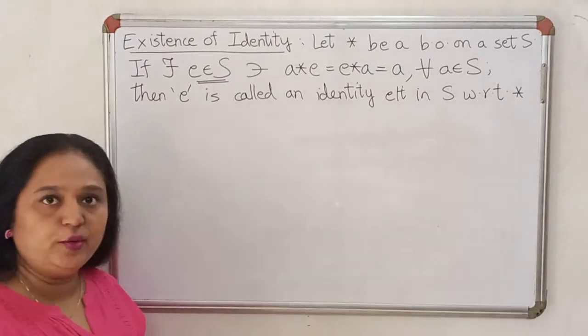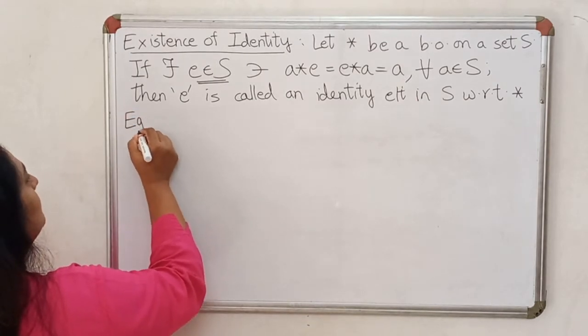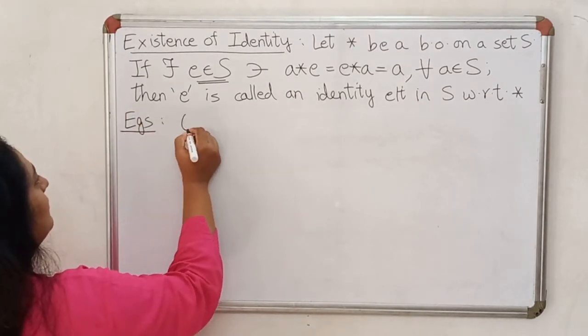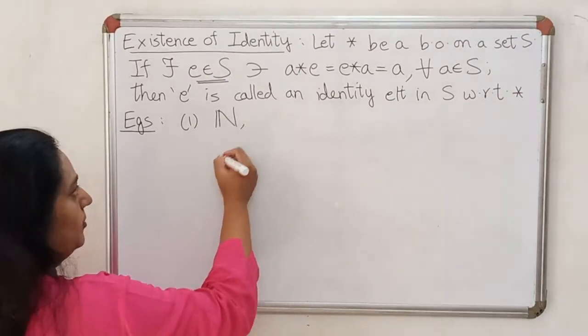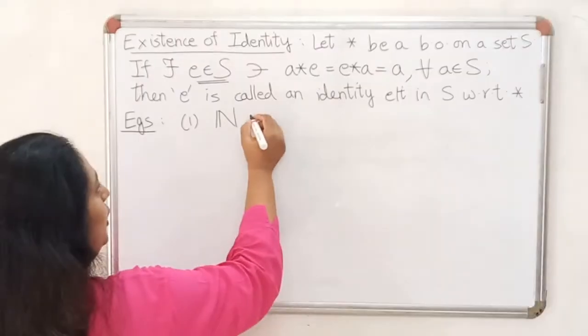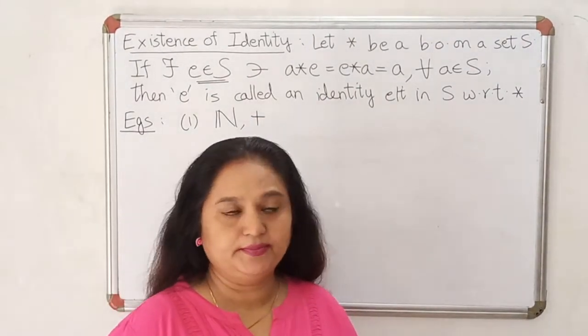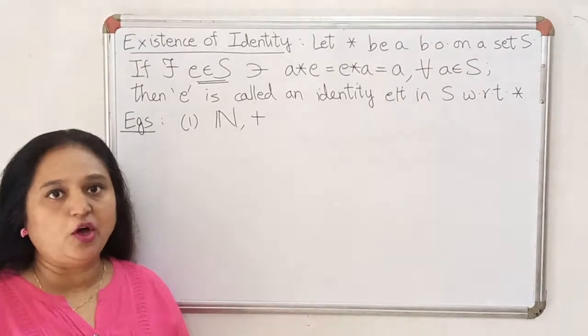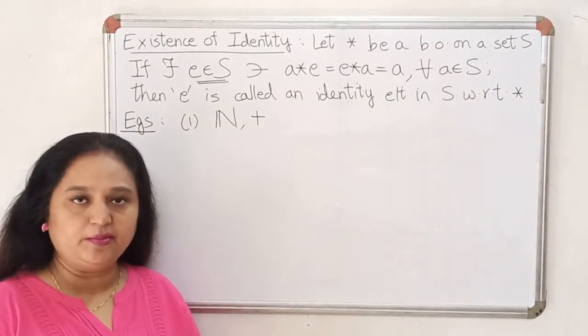So let's look at a few examples to understand this better. Consider the set of natural numbers and look at the operation of addition on this. Give it a thought. This is a binary operation on the set of natural numbers.